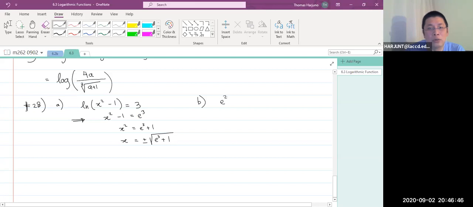e to the 2x minus 3 e to the x plus 2 equals 0. How do we solve this? I think I will use substitution so that we can see better. u equals e to the x, right? Such that this becomes u squared minus 3u plus 2 equals 0.